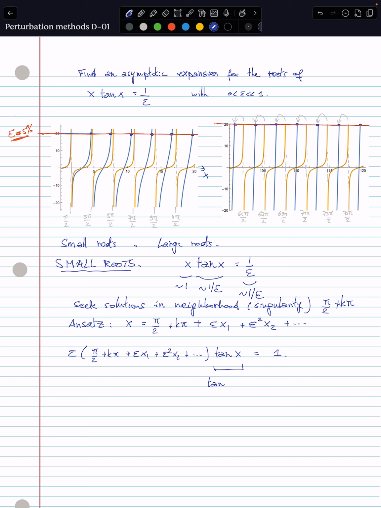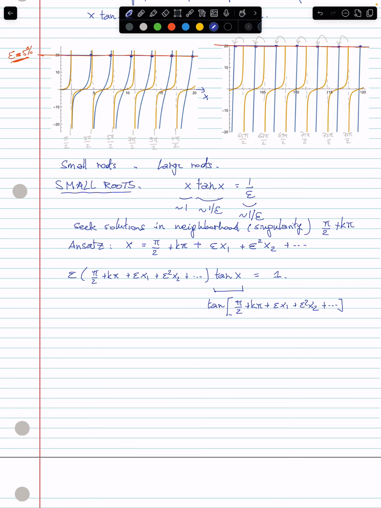So tangent of x, if I just replace it by its expression, we have tangent of pi over 2 plus k pi plus epsilon x1, epsilon squared x2, and so on.